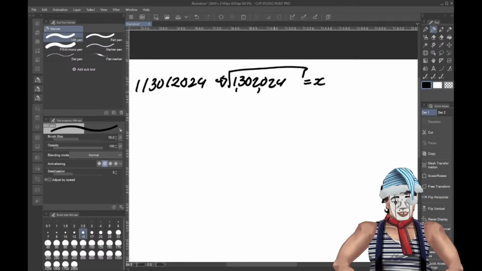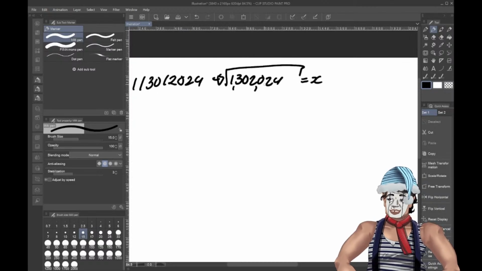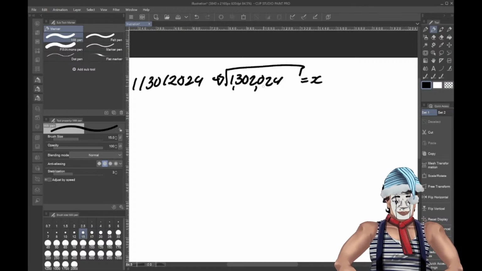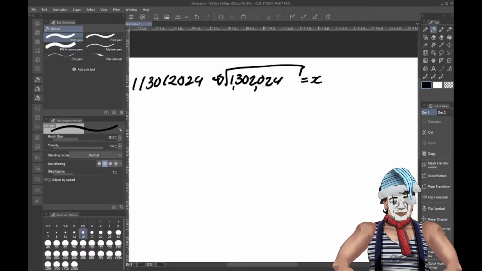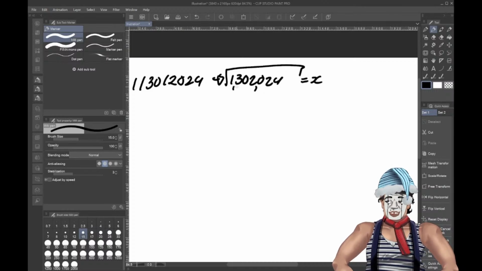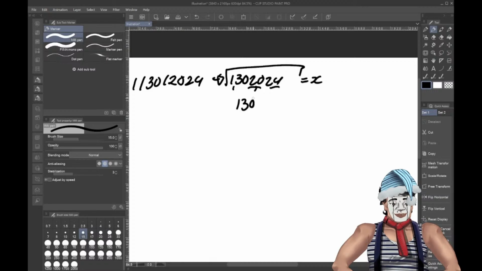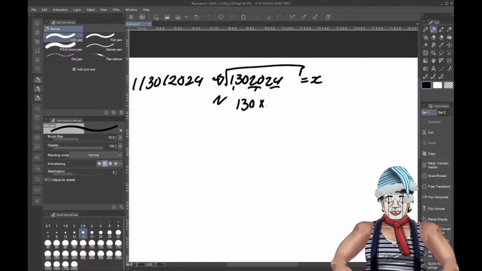Well, here's a little trick. You take off an even number of places till you get to something you like. I don't want to deal with one, so let's take 130, approximately times 10 to the 4th.